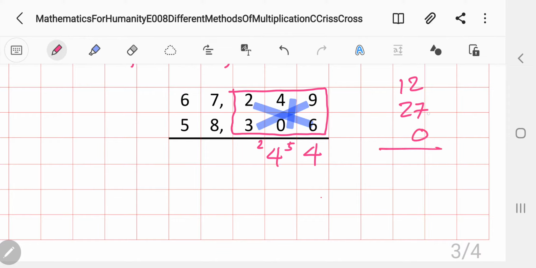So we will have 9, 2 plus 7 is 9, and then 1 plus 2 would be 3. That's 39. So I'll write here 9 and then the 3 here.